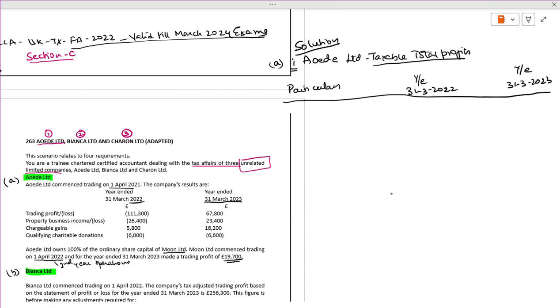Now coming back to this, you have to start with the trading profit. In trading profit it is a loss, so we put 0 here.